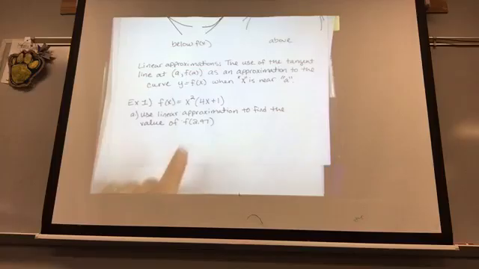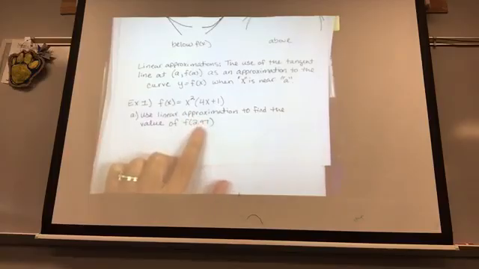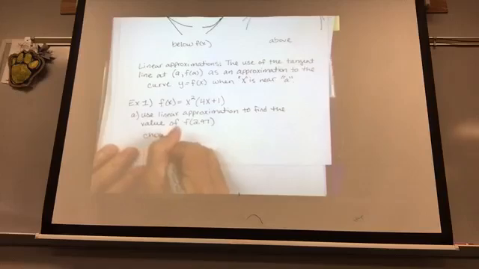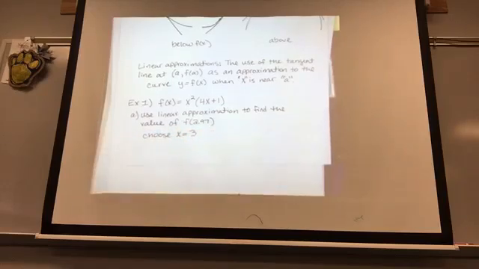So notice that in order to find f of 2.97, that's going to be hard to do because it's an odd decimal. So we have to use a linear approximation, so we can choose the x value of 3.